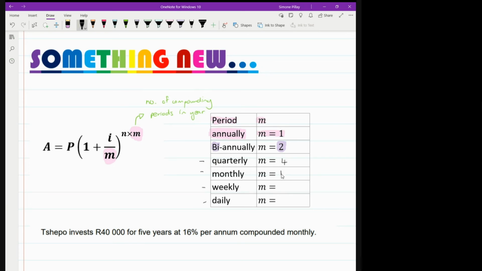And so that means I'm going to add interest to my original amount 12 times because there are 12 months in the year. If we compound our interest weekly, that is going to give me 52, and daily is going to give me 365 compounding periods.